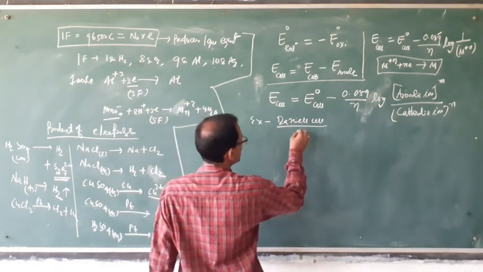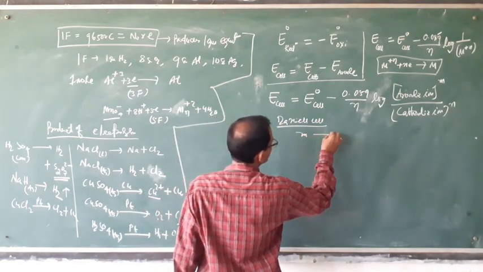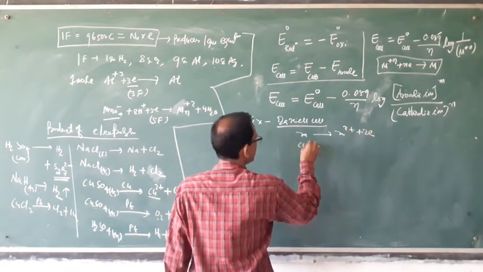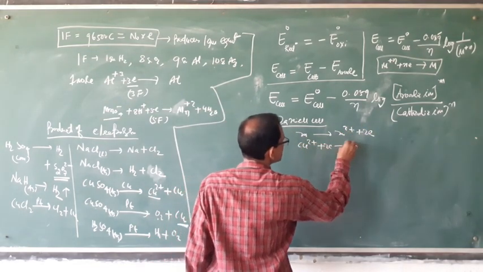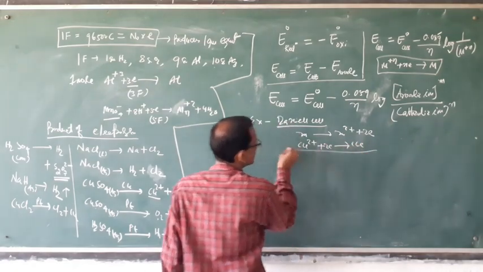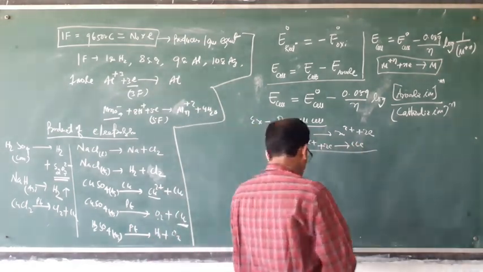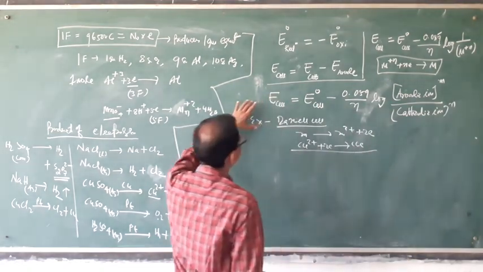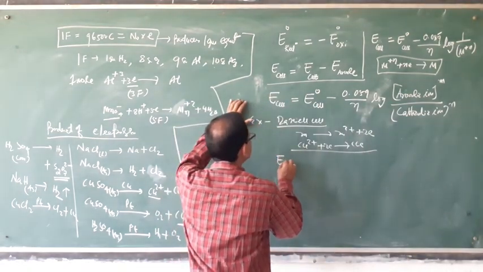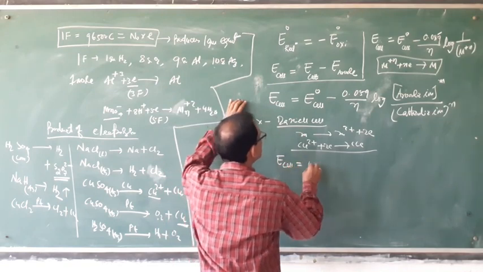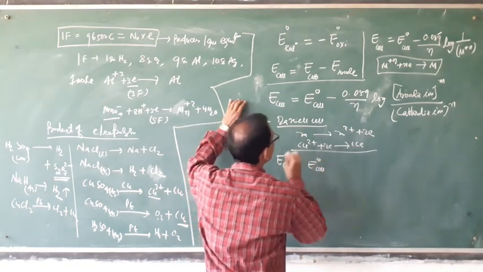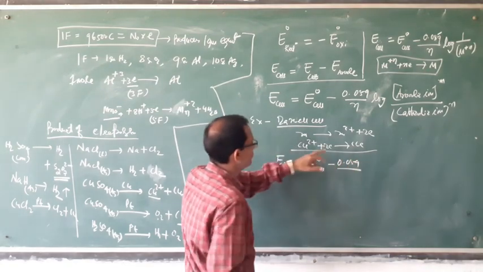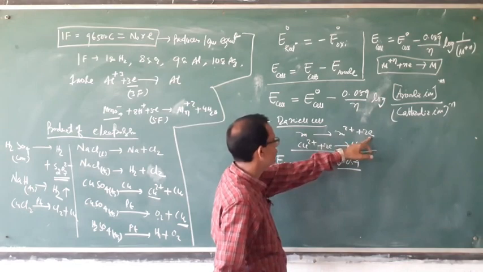For example, the Daniell cell. Zinc converts to Zn2+ plus 2e, and copper 2+ plus 2e changes to copper. This is your Daniell cell. For this cell, you write: E of this cell is equal to E naught of this cell minus 0.059 by n, here the n value will be 2. Right side is 2, left side is 2.